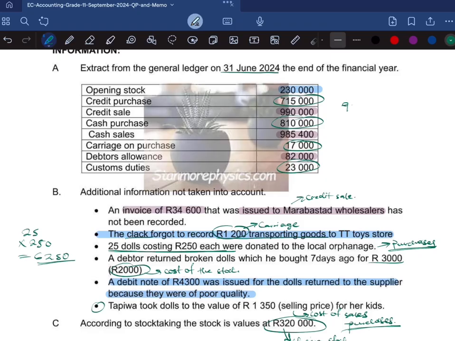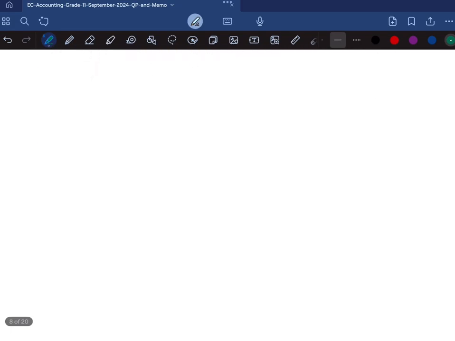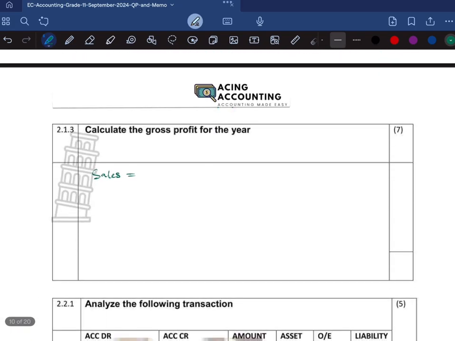So our credit sale was 990,000, and then our cash sales was 985,400, right? So we're just going to add that and sum it up as one amount, 1,975,400, right?